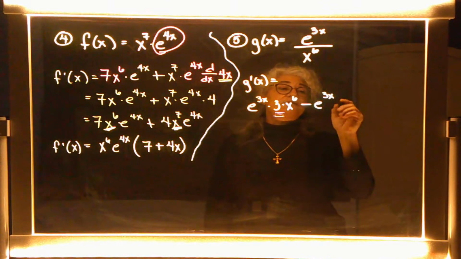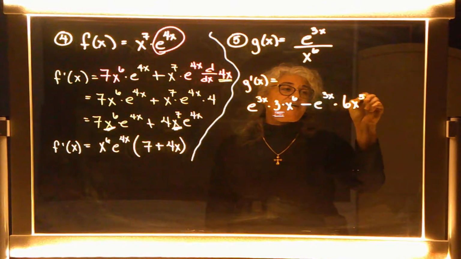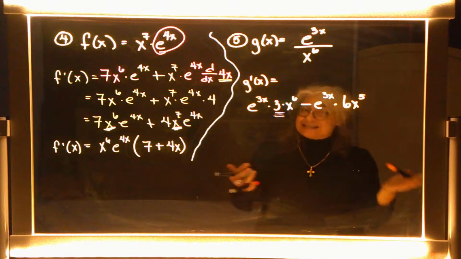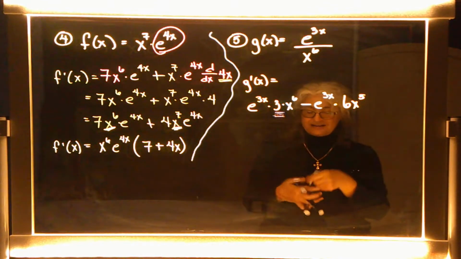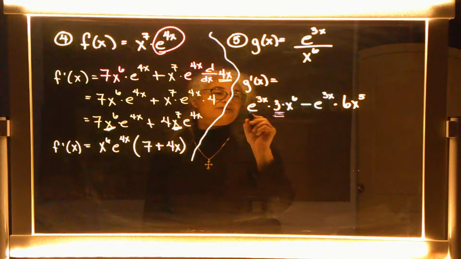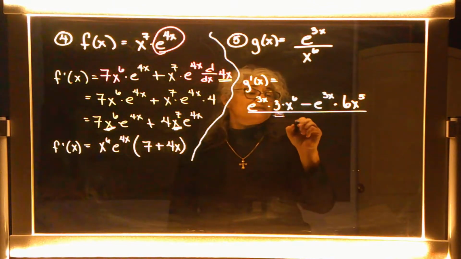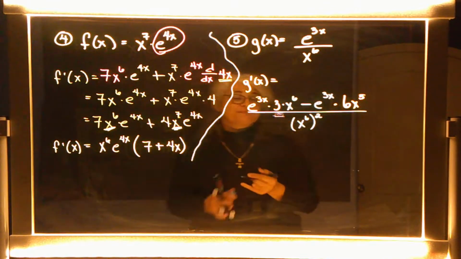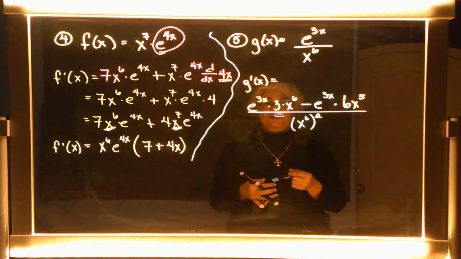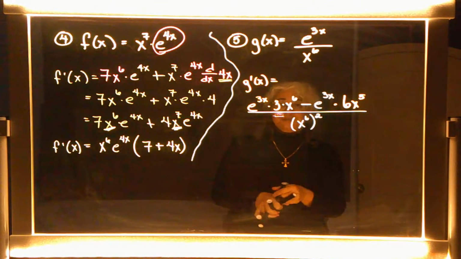So what's the derivative of that denominator? 6x to the power of 5. Excellent, good job. Is that it? Yeah, the denominator is going to end up being squared. Lovely. All right. So let's see what this is looking like.